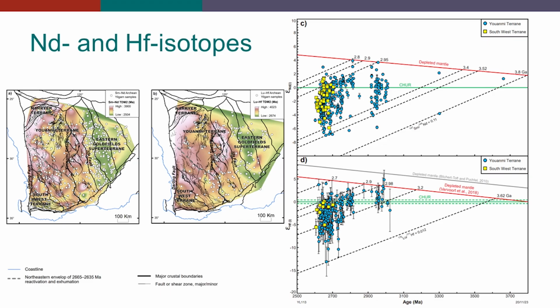In the yellow colors, I'm showing the igneous zircons for the southwest terrane. In the blue colors, I'm showing the igneous zircons for the UNME terrane. You can see that all of the model ages return ages older than 2.8 Ga, and maybe up to 3.45 and perhaps even up to 3.8 Ga. So we knew that the southwest terrane was really coming from something old in the basement.